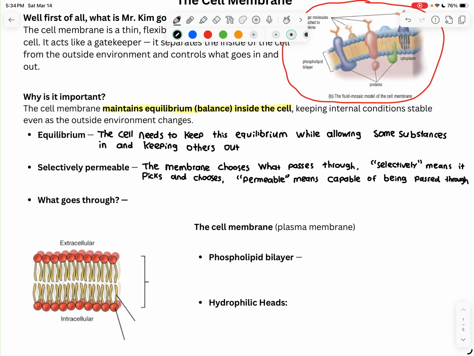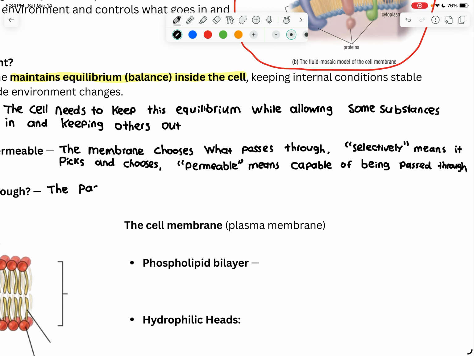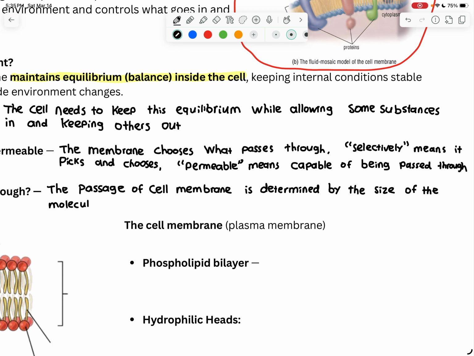The passage of materials through the cell membrane is determined by the size of the molecule, their charge, and whether they're soluble in lipids. I'll explain more in detail.